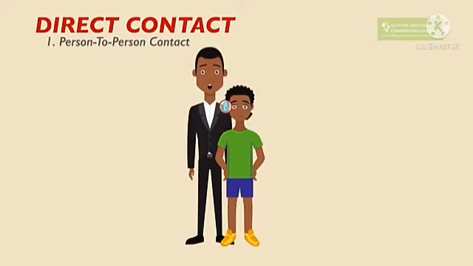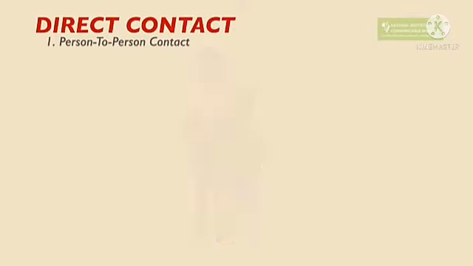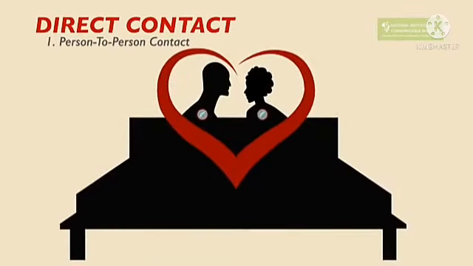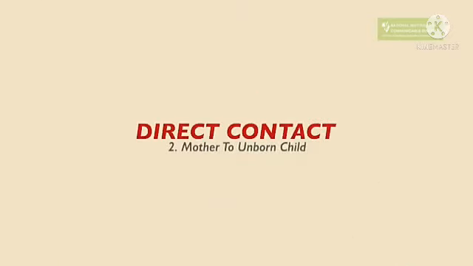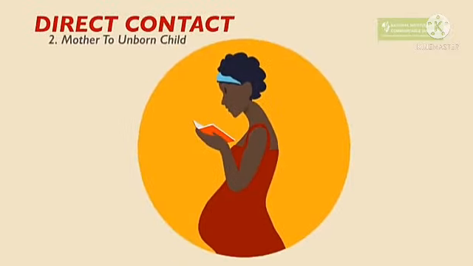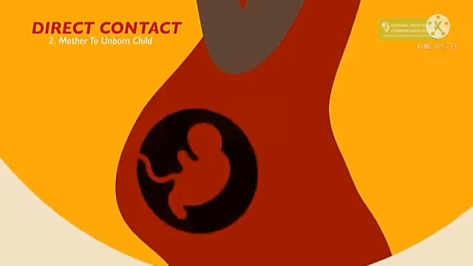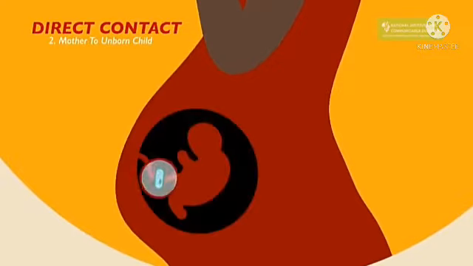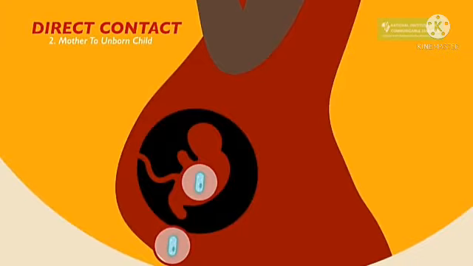Direct contact can be spread through sexually transmitted form. Direct contact can also be transferred from mother to unborn baby. That means it's infected through the umbilical cord from the mother to the baby.